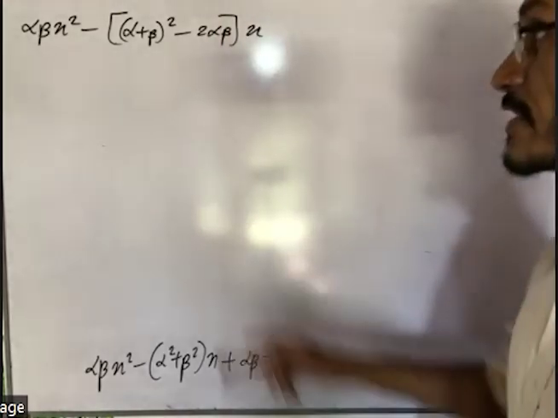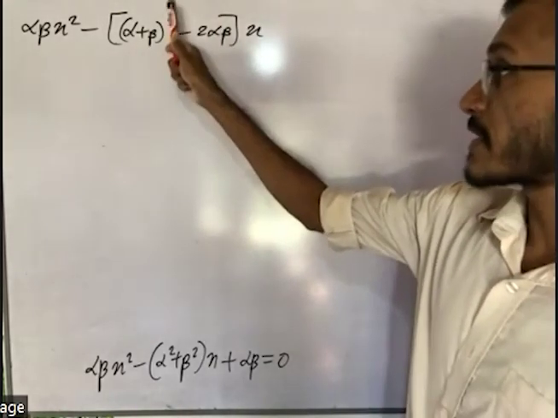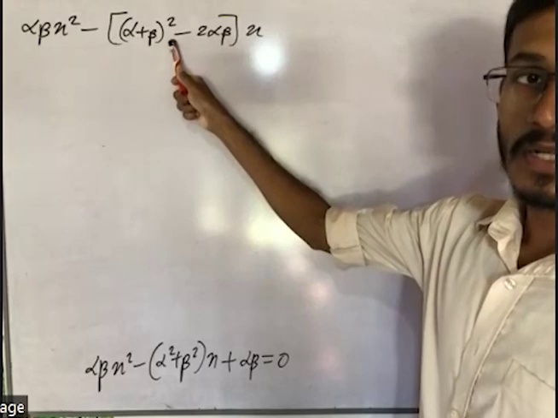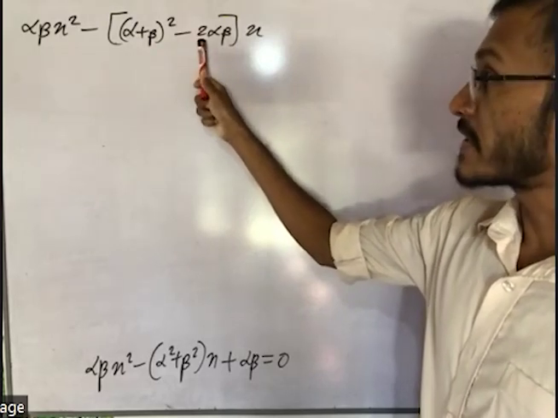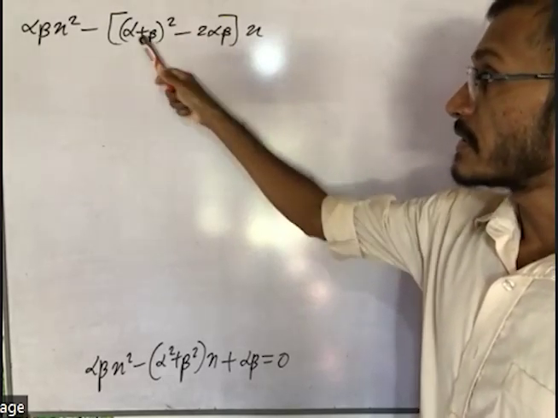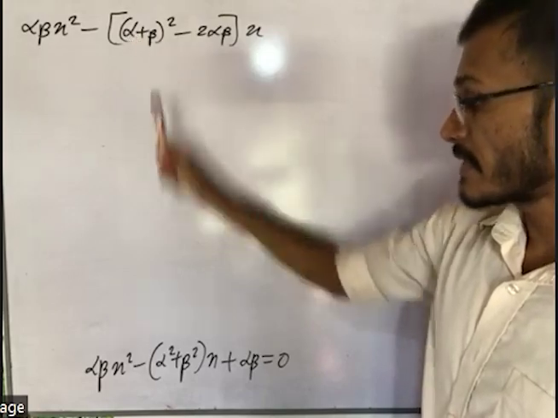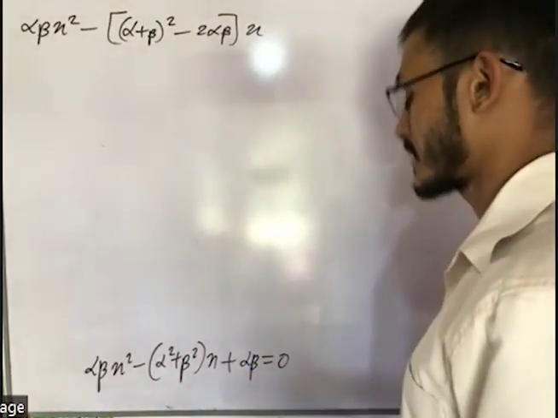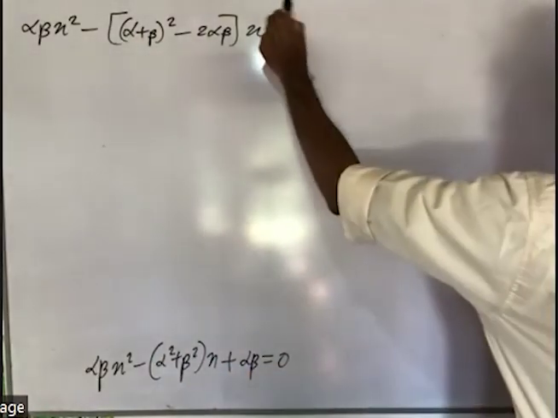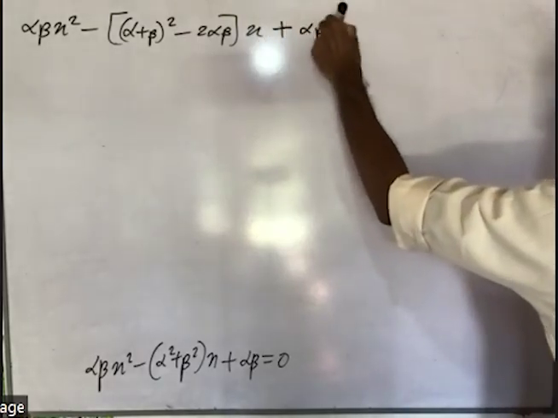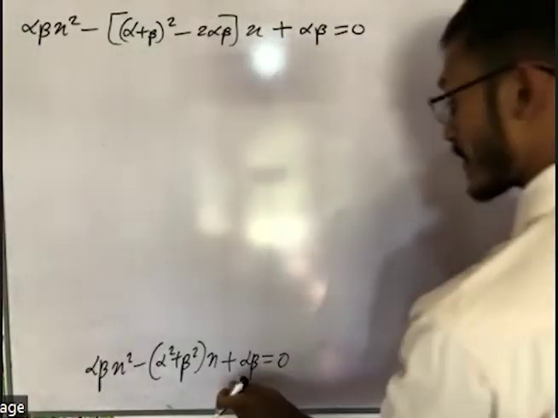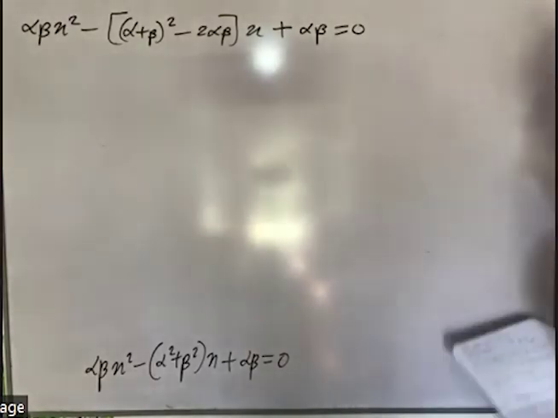So if you expand this, you will get alpha square plus beta square plus 2 alpha beta. So that plus 2 alpha beta and this minus 2 alpha beta will cancel. Then the remainder is alpha square plus beta square, same thing, right? Plus alpha beta equal to 0. So this equation you can write down in this way.